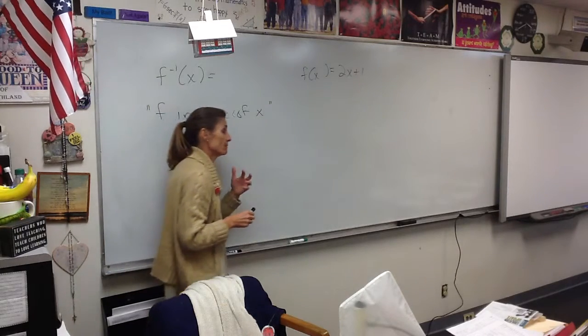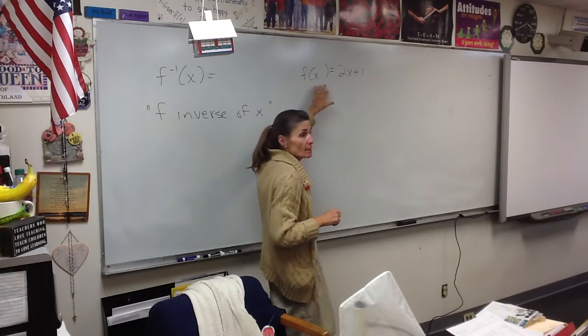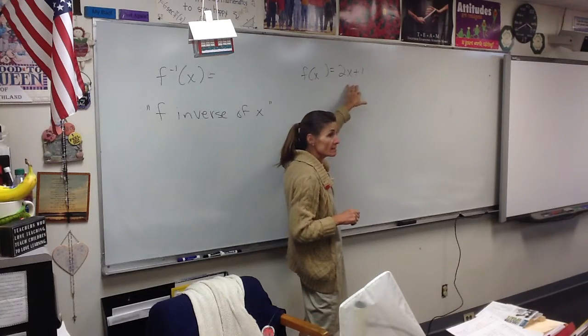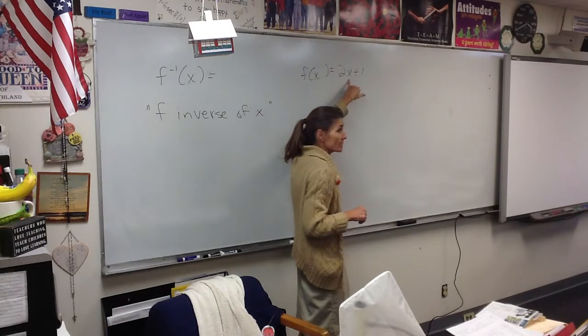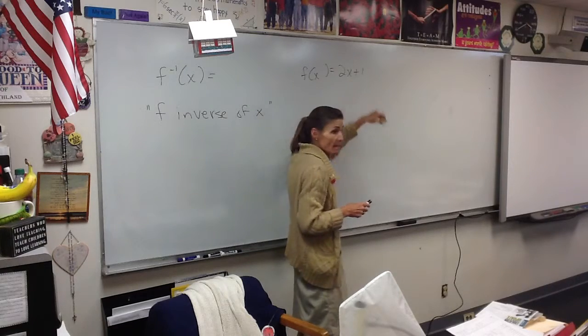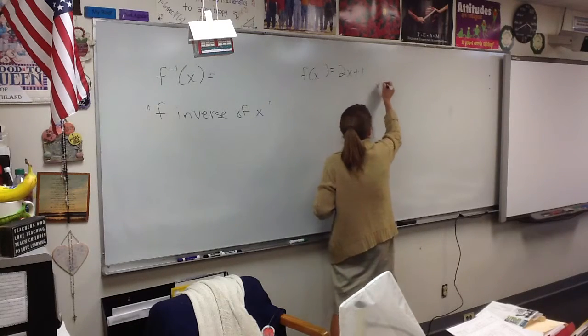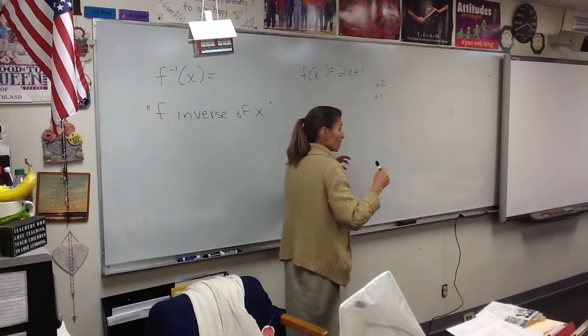Now think about it. If you put a number, let's put the number 3. If I put 3 into this function, what happens to it? What happens to the 3? It gets timesed by 2 and then added 1. Now, think of it as a machine, as an operation.